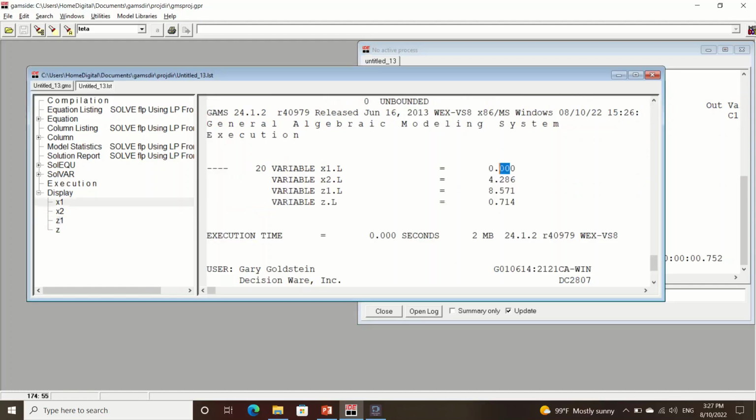Okay, as you see, the Z1 equals 8.5 approximately, with a deviation of 0.5 more than the optimum objective function, or the optimum value for the best solution of the objective function in the certain model.